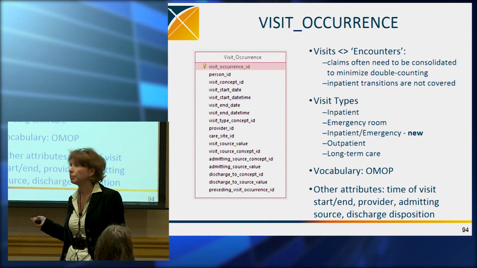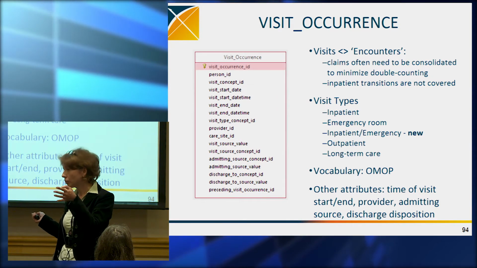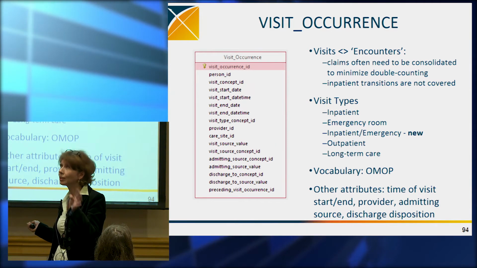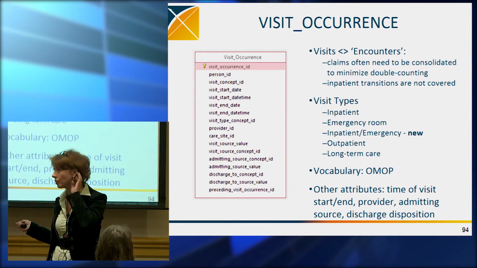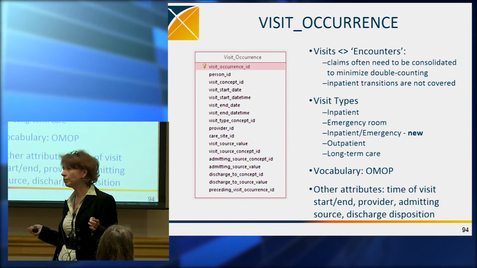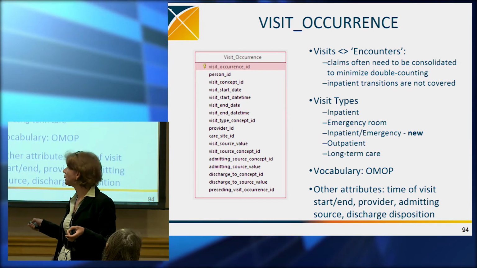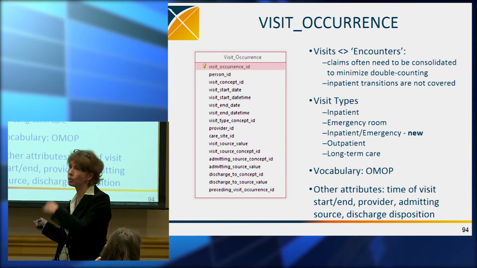So you will have a record of this survey, question and answer, in a certain table, and currently it would be an observation table, or you would have a record in the drug exposure table without having an associated visit.